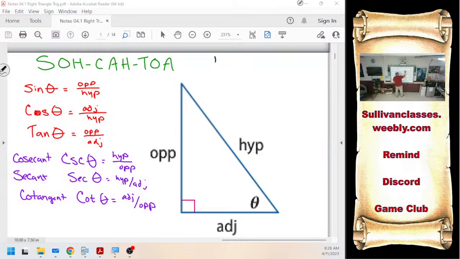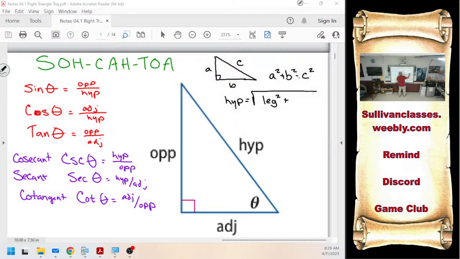But more specifically, so you don't have to reinvent the wheel every time. If a squared plus b squared equals c squared, the way that I would normally write that is, if I'm trying to find the hypotenuse, it's the square root of leg squared plus leg squared.